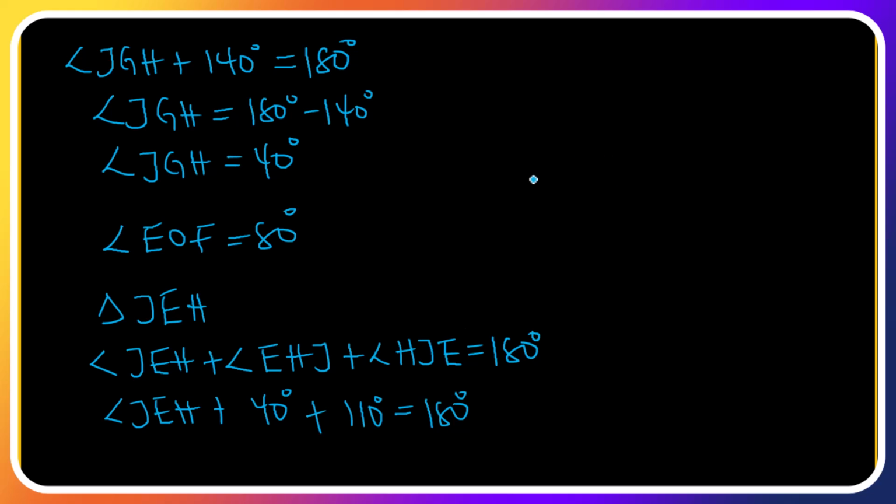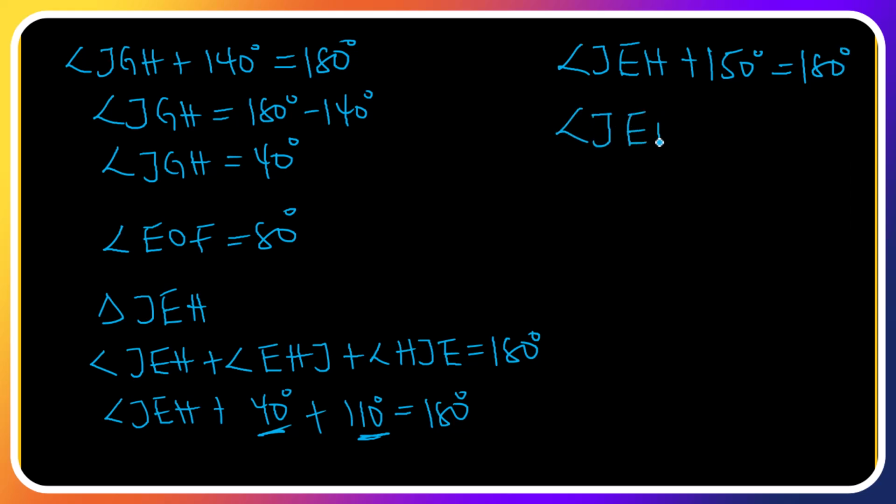Is equal to 180 degrees. So let's sum up these angles. Angle JEH plus 40 degrees plus 110 degrees, giving us 150 degrees, is equal to 180 degrees. Angle JEH is equal to 180 degrees minus 150 degrees. Angle JEH is equal to 30 degrees.